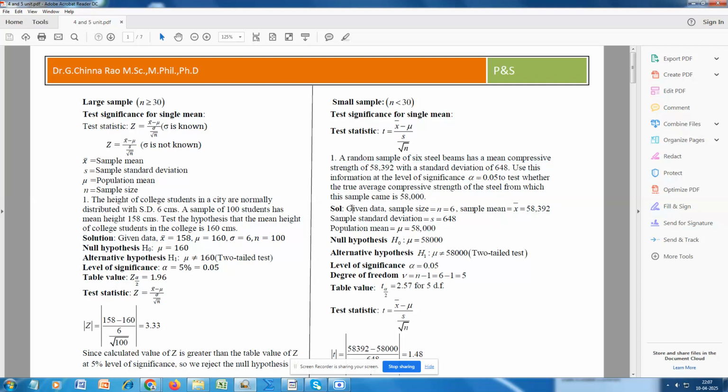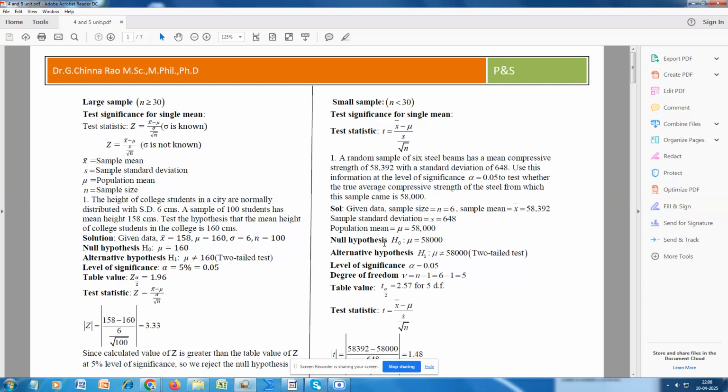Now, the given data. Sample size is 6, because there are 6 steel beams, that is n is 6, sample mean is 58,392, sample standard deviation is 648, and population mean is 58,000.